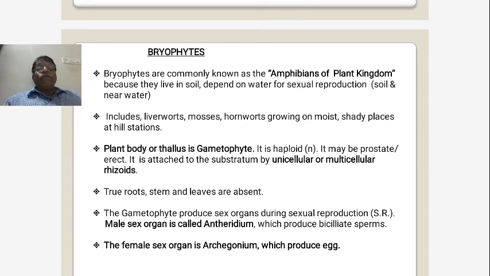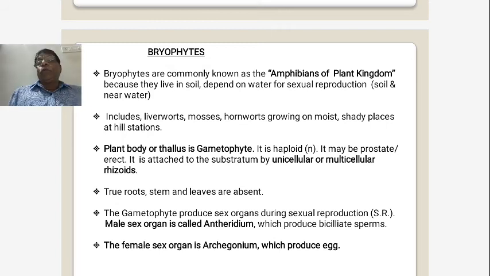Bryophytes include liverworts. In liverworts, the plant body is like a liver, and others are called mosses. Mosses have leaf-like, stem-like structures, and others are commonly known as hornworts.